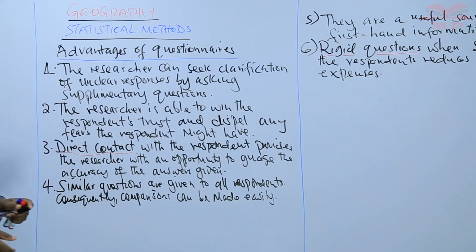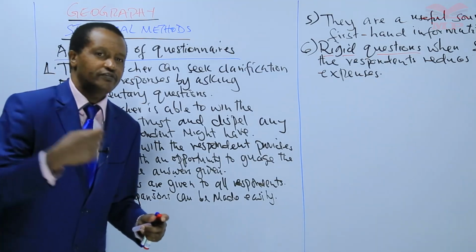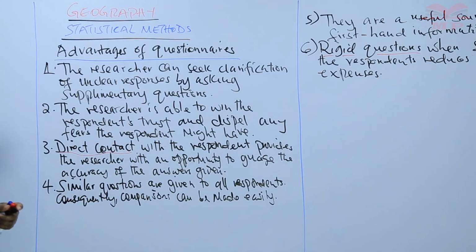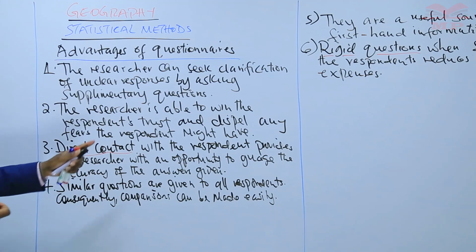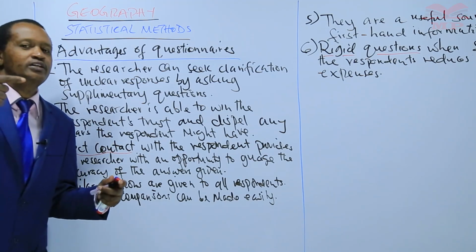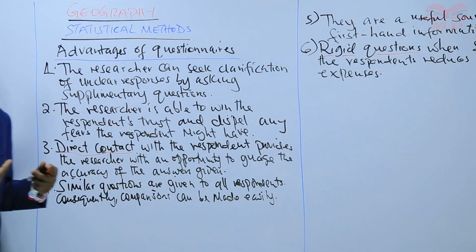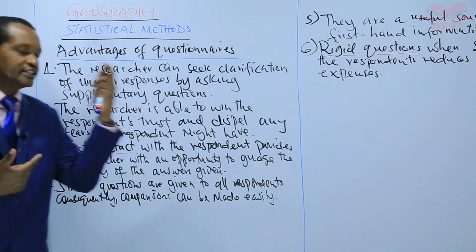Number 2, the researcher is able to win the respondent's trust and dispel the fears that the respondent might have. Number 3, direct contact with the respondent provides the researcher with an opportunity to gauge the accuracy of the answers given.